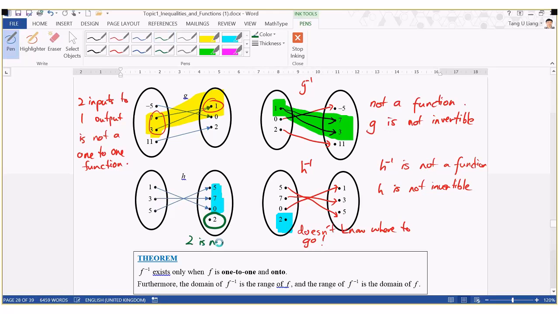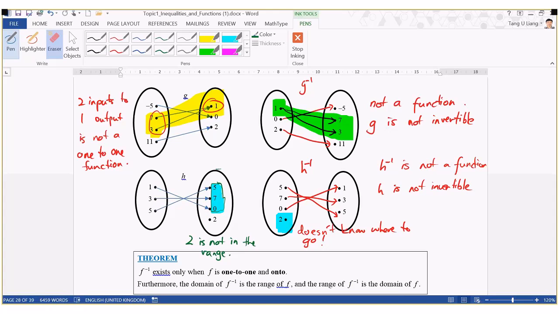Alright. Now, if the range of a function is smaller than the codomain, I hope you still remember the codomain is 5, 7, 0, and 2, but the range is what I highlighted in blue color. Let me write this.